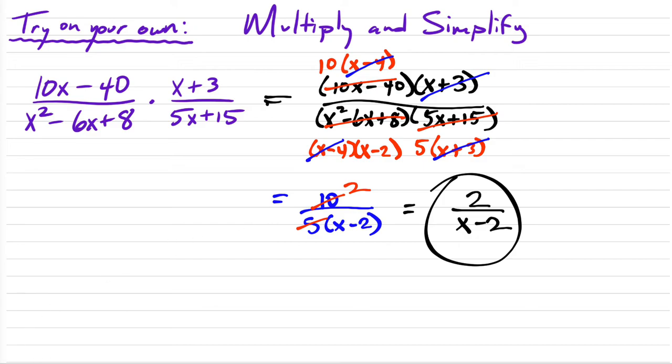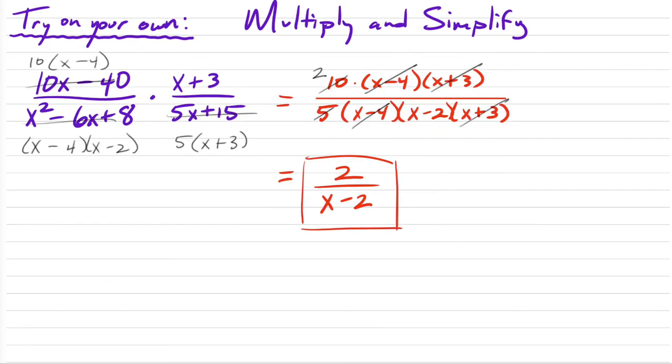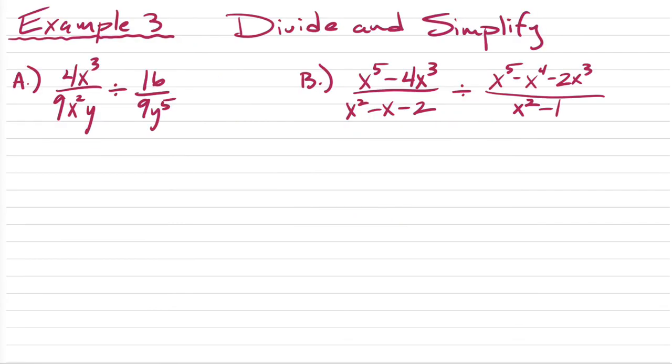Okay, last example. What time is it? All right. Should we go right to B? Would that be easier? Or should we just do the A? I don't think we'll have time for both. Which one's easier? Well, wouldn't you want me to go over the harder one?